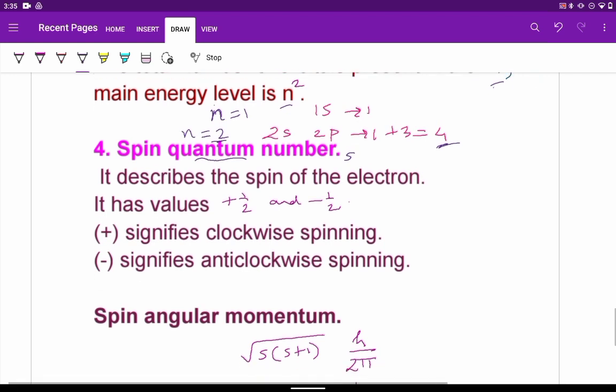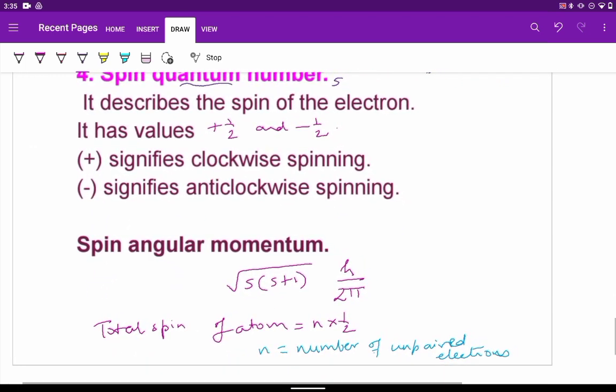There will be a spin angular momentum which is given by square root of s into s plus 1 into h by 2 pi.